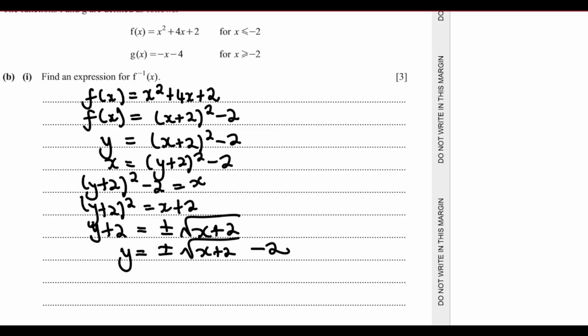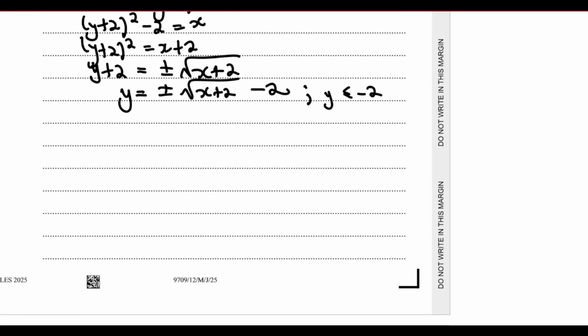If you look at the original f, its domain was x is less than or equal to negative 2. That domain becomes the range of the inverse. So you want everything that's y is less than or equal to negative 2, so everything below negative 2. Now if I make this positive, I'll be adding a positive to a negative, making this above negative 2.